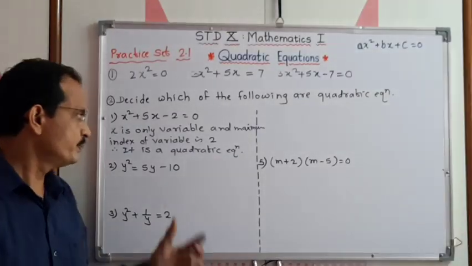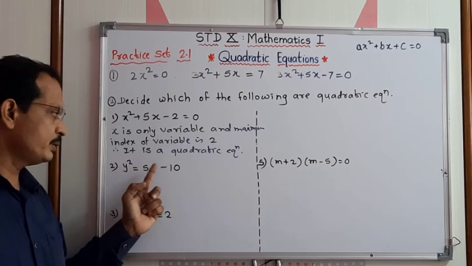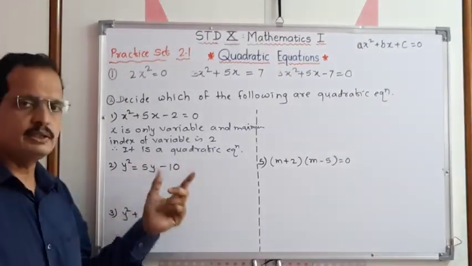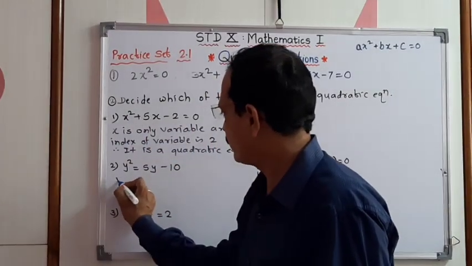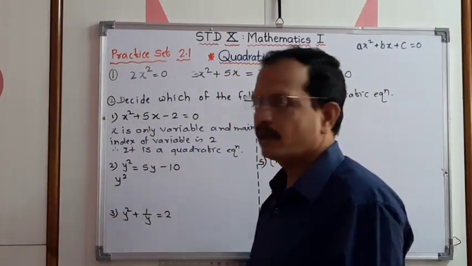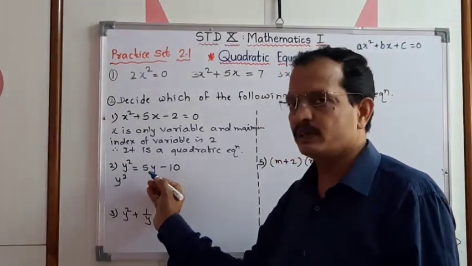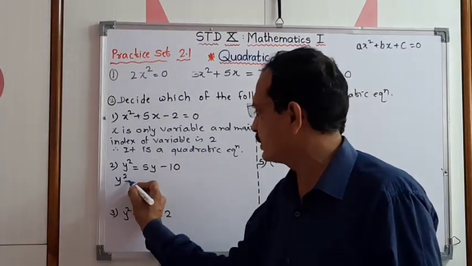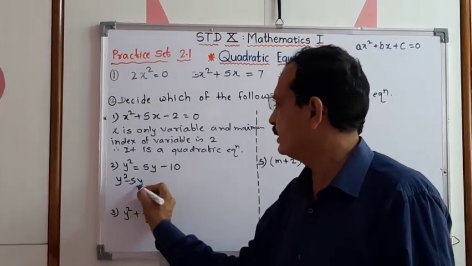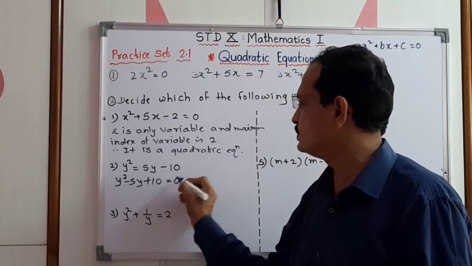Now in the same way, see the second. Y square is equal to 5y minus 10. It is in a standard form. See here, first the quadratic term, then we have to write the middle term. It is 5y, but it is on the right hand side, we have to take it to the left hand side, therefore it becomes minus 5y, and this minus 10 will become plus 10 equal to 0.